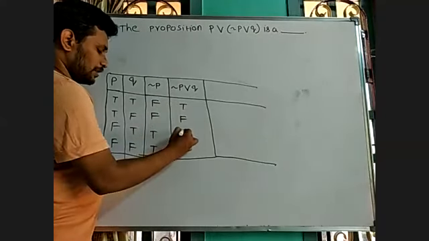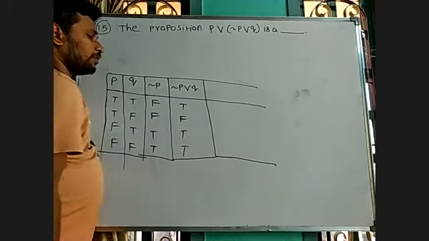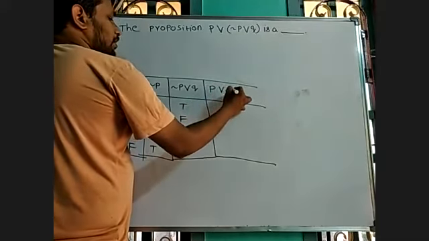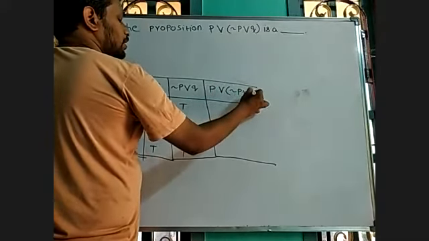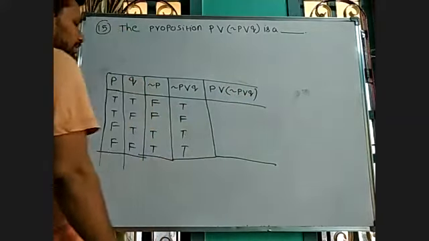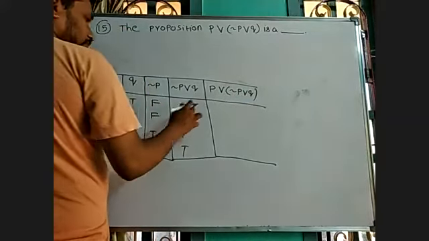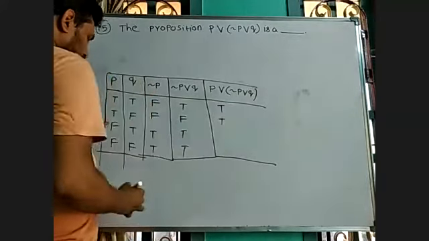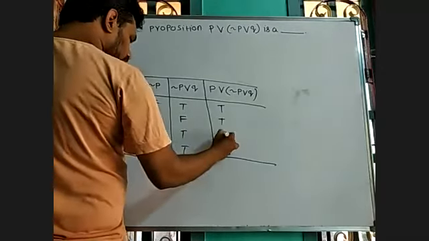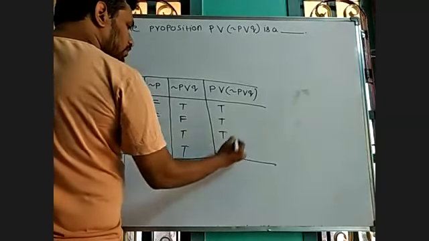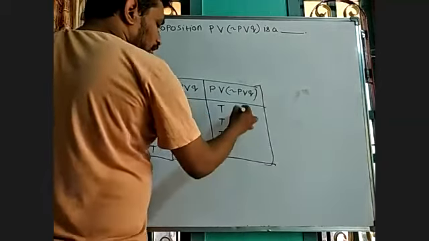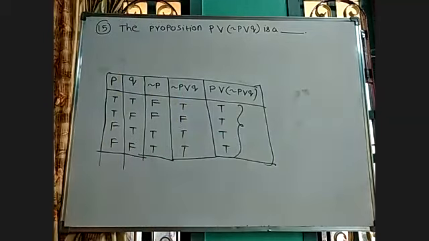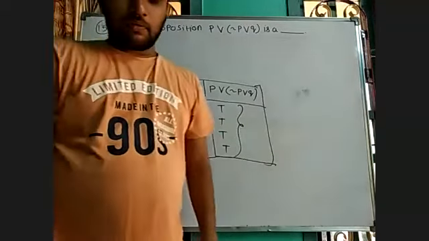True, true we get true. True, false means true. Okay. Next, what do they give? P implies negation of P or Q. See that P is true, this is also true. True, false, true. Next, false, true. What do we get? True. False, true. Okay, now all these are tautology. Right. Option 1.